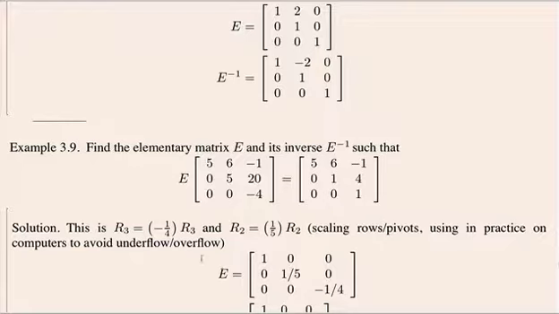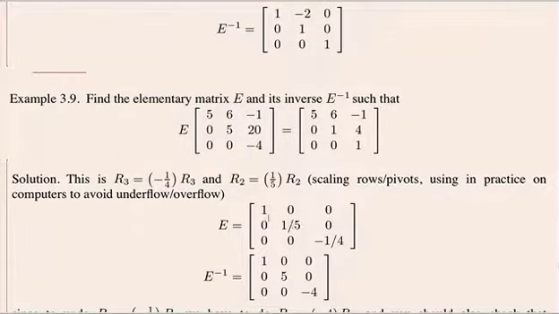All right, so this is now a combination of two things: dividing row 2 by 5 and row 3 by minus 4, or multiplying with the reciprocal of 5 and the reciprocal of minus 4. So you just take the identity matrix, and for row 2, you replace 1 with 1 over 5, and for row 3, you replace 1 with minus 1 over 4.